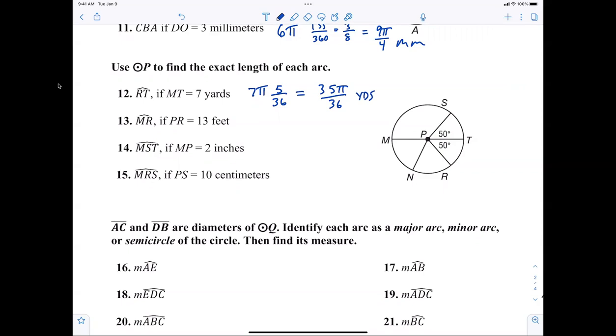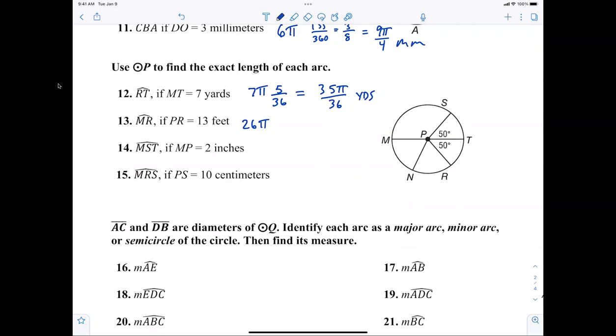So now look at PR. PR is what? Radius. So I need the circumference to be 26 pi and MR. How much is MR, guys? 130.